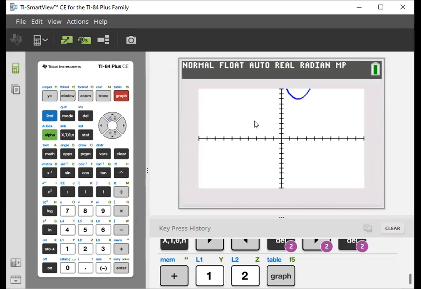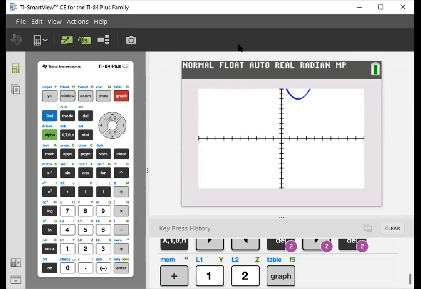But it doesn't have any x-intercepts. They're all above the x-axis, right? So that means all the answers have to be positive. We can find test points and things like that, but every answer is positive because they're all above the x-axis.